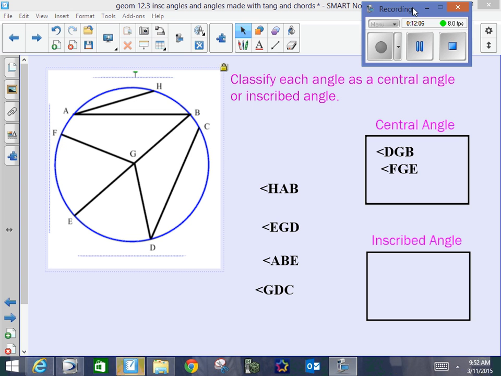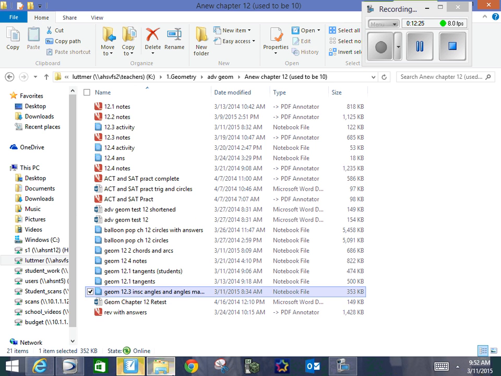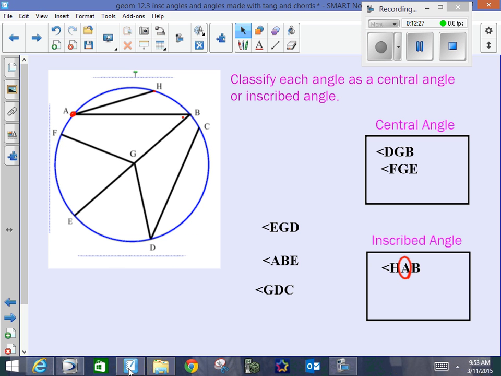All right, what about HAB? HAB is inscribed. A is the vertex, and it's sitting on the circle. What about EGD? EGD is central again.